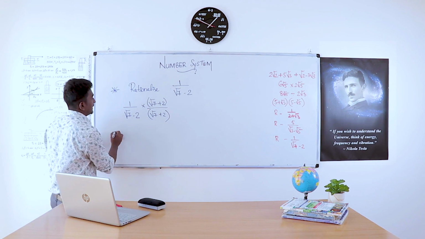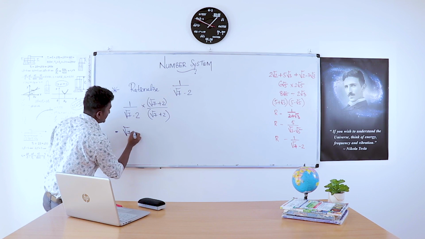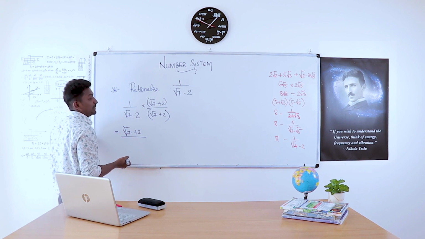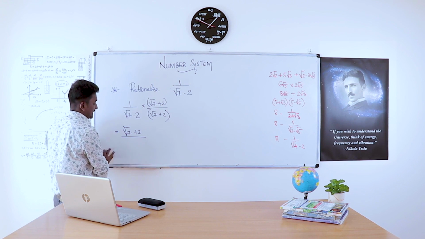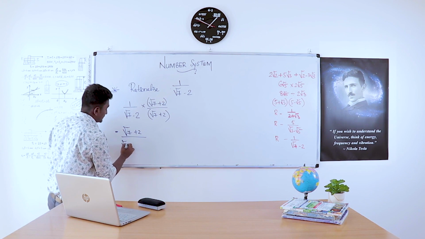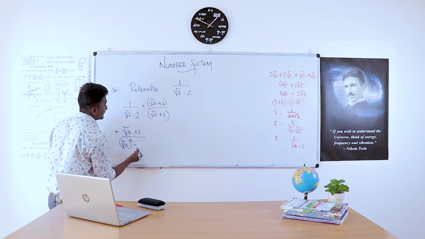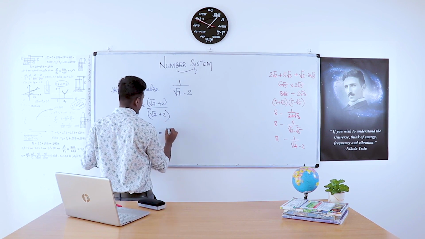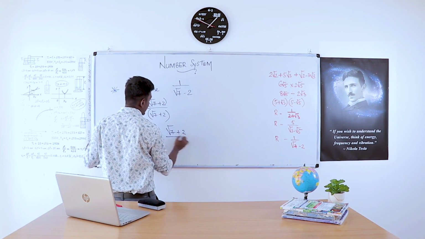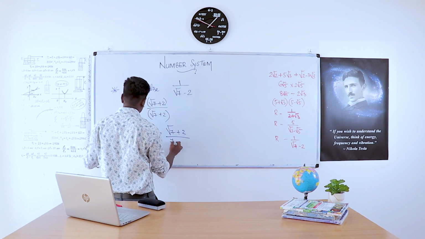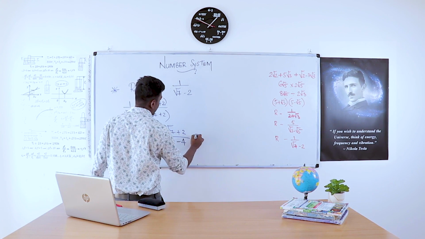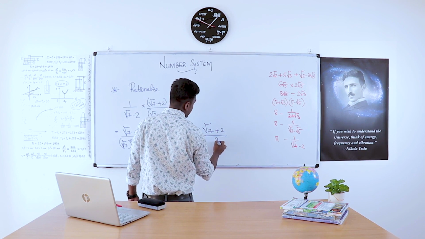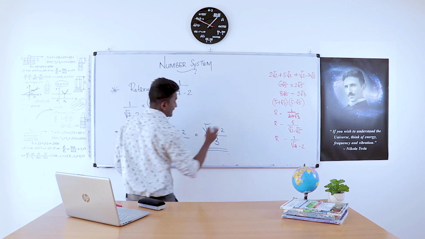In numerator, 1 into root 7 plus 2 remains as root 7 plus 2, divided by, in denominator, root 7 minus 2 into root 7 plus 2. a minus b into a plus b can be written as a square minus b square, that is root 7 the whole square minus 2 square. That is equal to root 7 plus 2 divided by 7 minus 4, it is 3. This is the final answer.